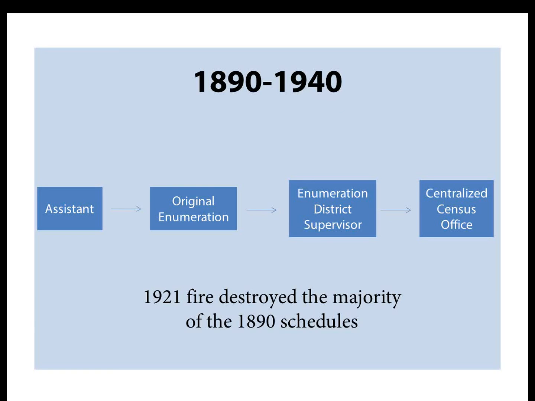The majority of them were destroyed. Now, this is important because we did not make copies of the 1890 census. That was the first year that we decided not to do that because it was too large to make copies of. So in this case, it would have been very helpful if there was a county copy. However, there is not.